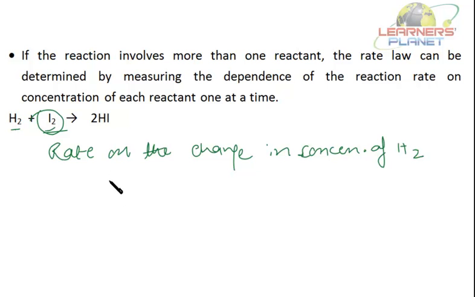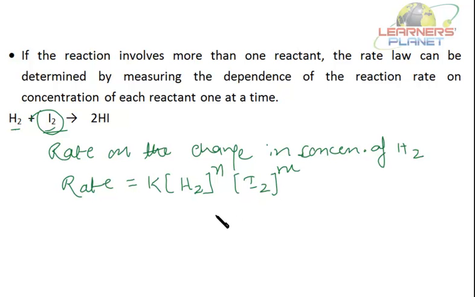What is the rate law actually? The rate law for this can be written as rate is equal to K into the molar concentration of hydrogen. If it's a gas, then we take the pressure of hydrogen gas, raised to the coefficient. In this case, it is the actual coefficient. We can take it as n, and again [I2] to the power m.